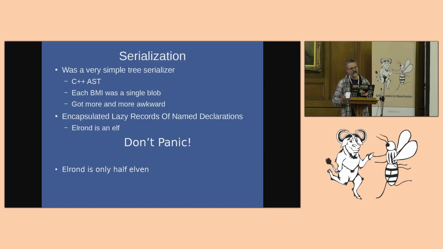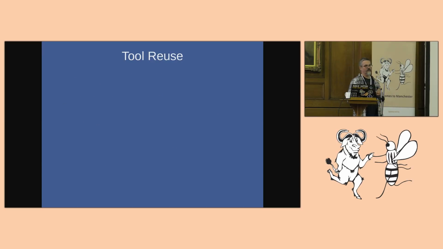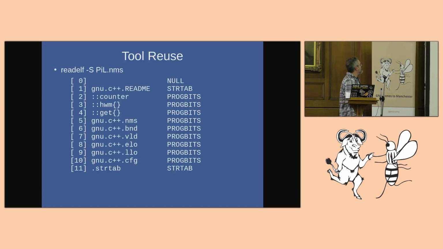I don't need symbols, segments, machine descriptions or any of that stuff. And one advantage of making this format very much like ELF is tool reuse. I do not have to write new introspectors to look at my binary module interface file when I'm trying to figure out what it looks like. I can just do that.